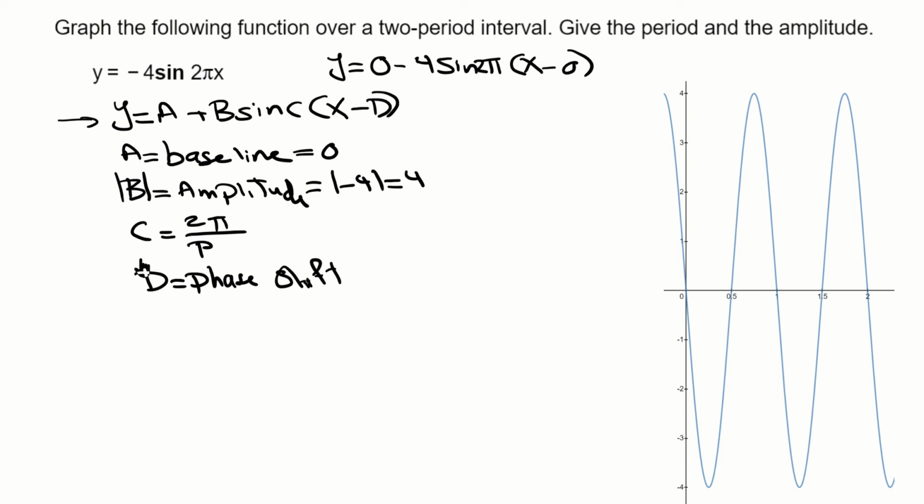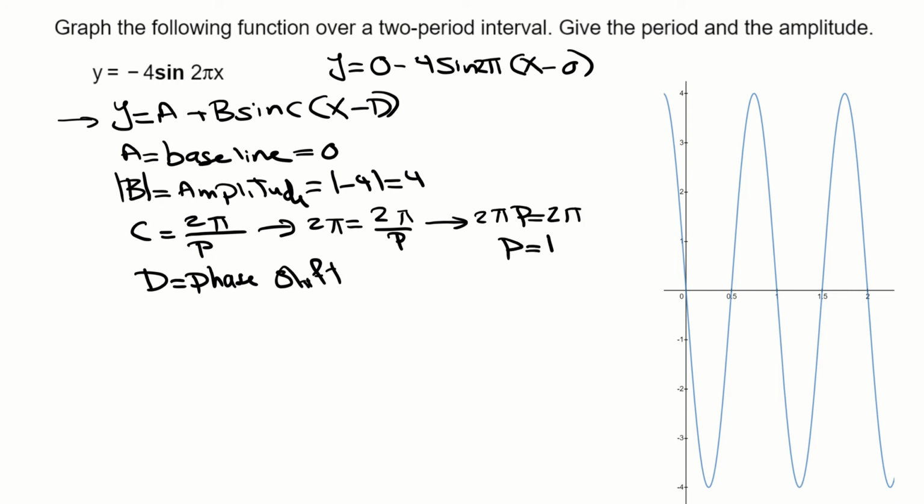C is 2 pi over the period, and we know that C is 2 pi itself. So we end up with 2 pi equals 2 pi over P. If we cross multiply here, we get 2 pi P equals 2 pi.